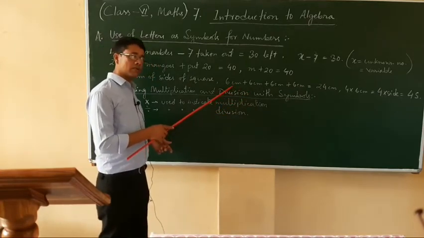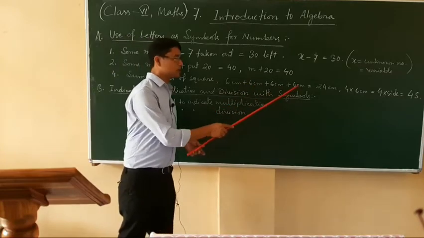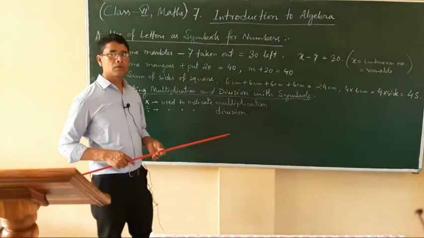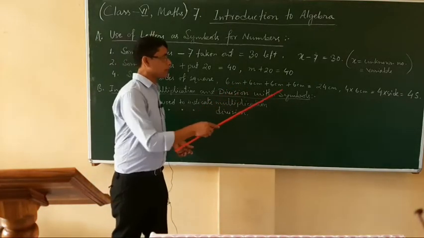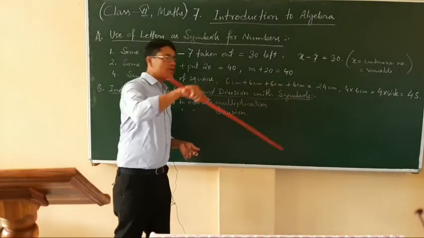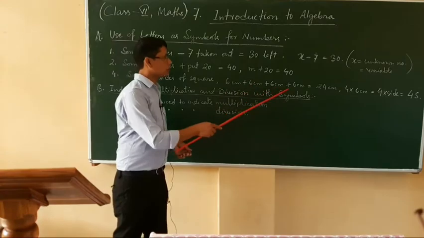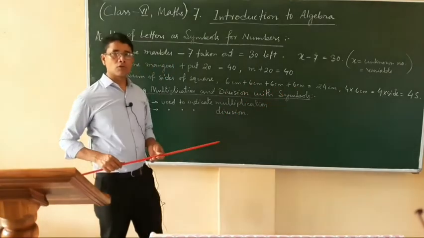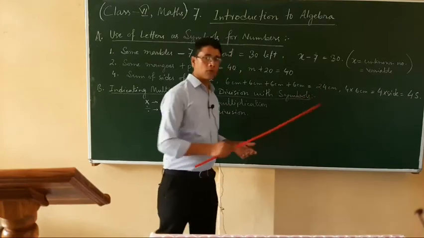If one side is 6 centimeter, the second side, third side and the fourth side will also have the same measurement. So that means to find out the perimeter or the total length of the side of the square, what we have to do? We have to add 4 sixes, which will give us 24.